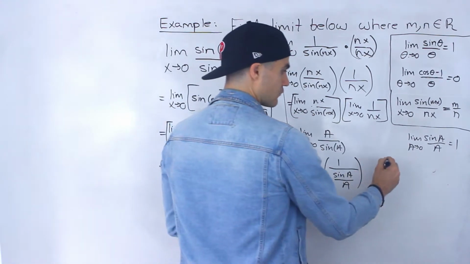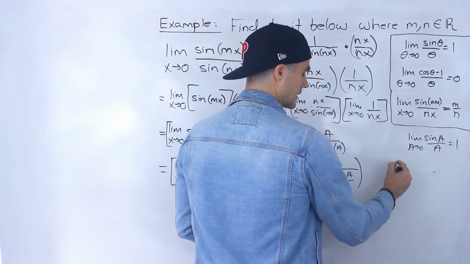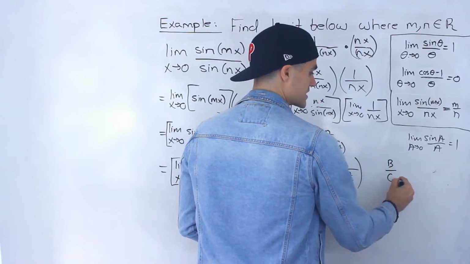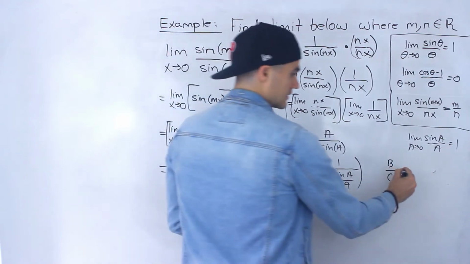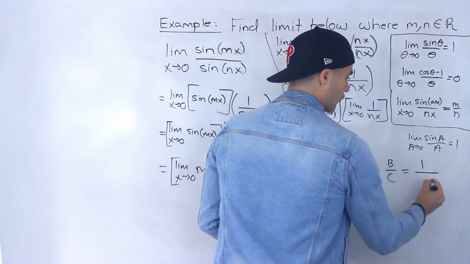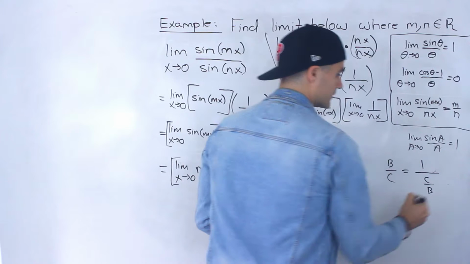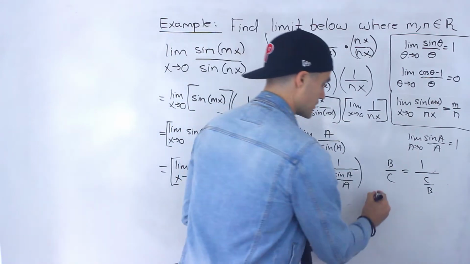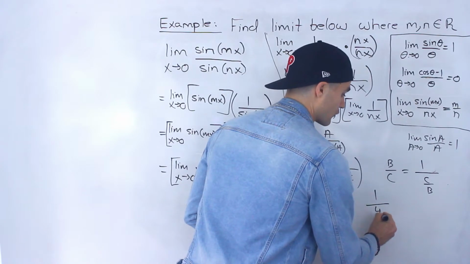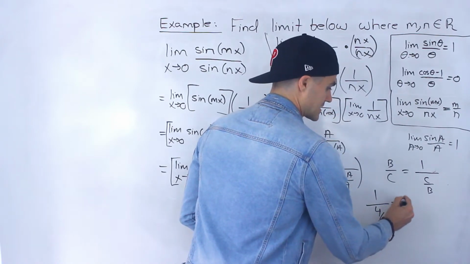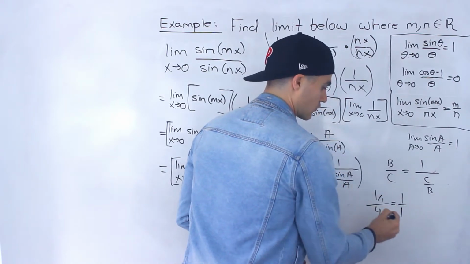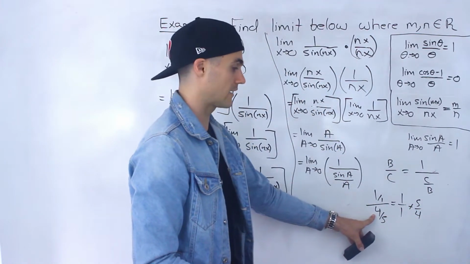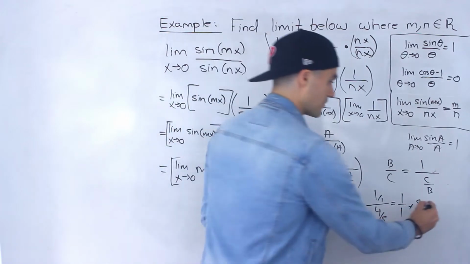Okay, because in general, if we have a fraction, let's say we have a fraction b over c, that's the exact same as 1 over c over b. Right? 1 divided by a fraction, so let's say we take 1 divided by 4 over 5. That's the same as 1 over 1, times 5 over 4, multiplied by the reciprocal of that fraction, which ends up being 5 over 4.